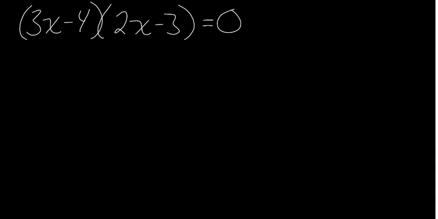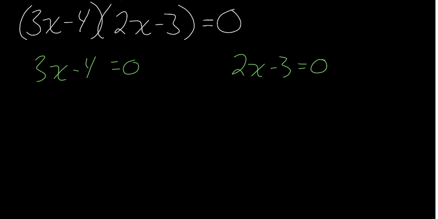All right, so once I did that factoring, now I can do the zero product rule. Again, zero product rule being, a times b is equal to 0. I have that form. So what I'm going to do is set each one of these equal to 0, and then solve for x.